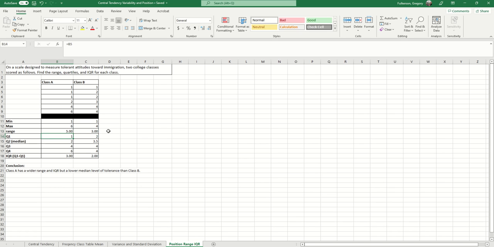All right, and in order to get the quartiles, usually start with the median. I know it's a little bit out of order. Let's just start there. Again, the median is the middle value, but when you have an even number, you have to take the average of the two middle values. So let's remember to use our order of operations here.